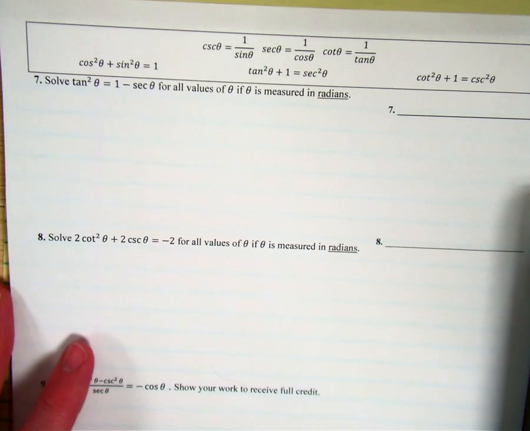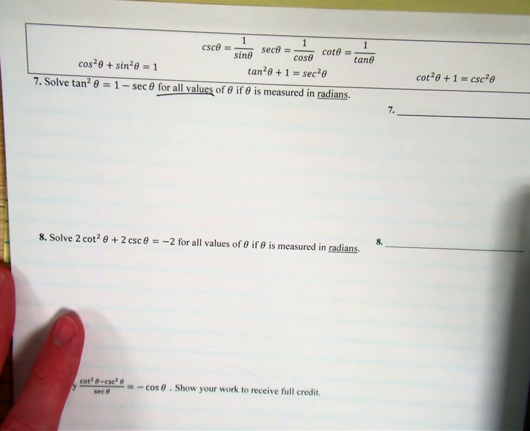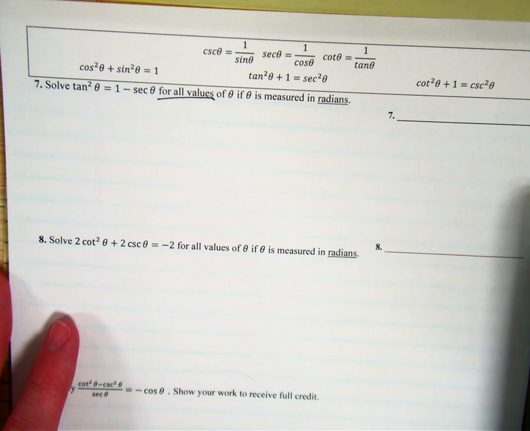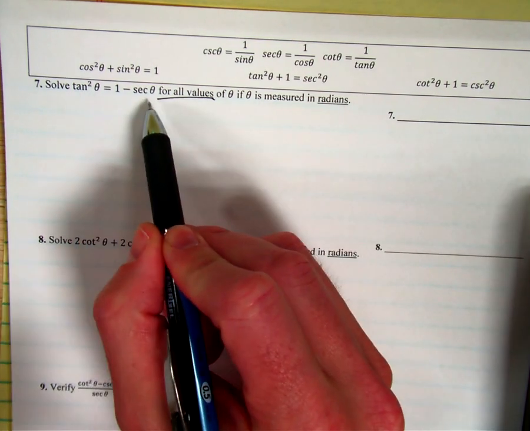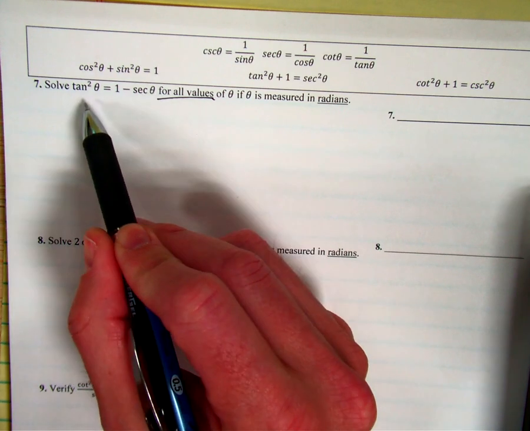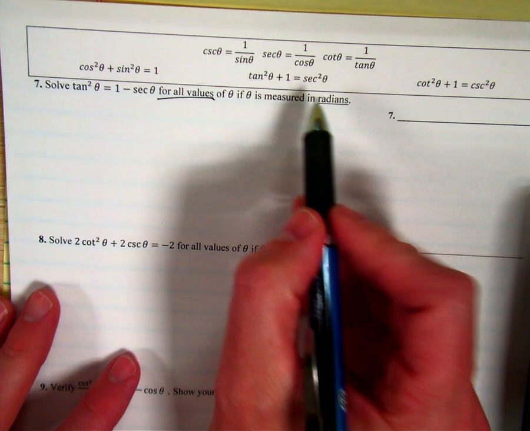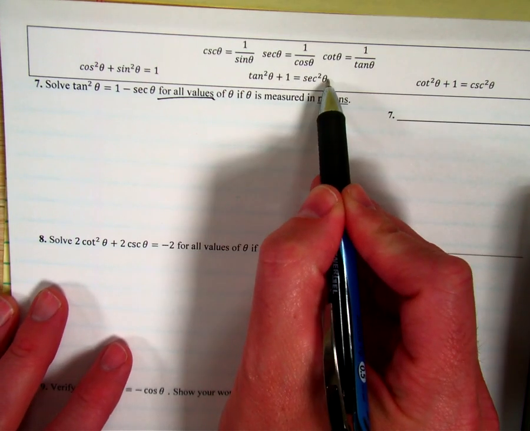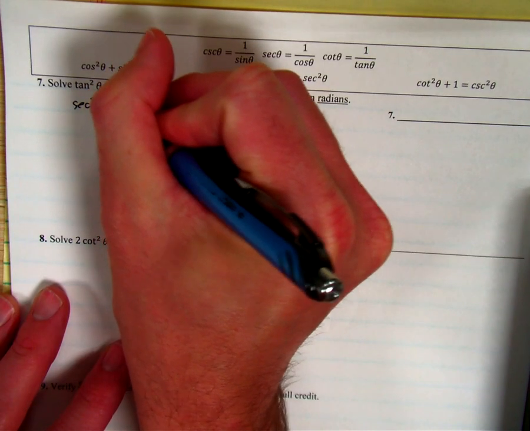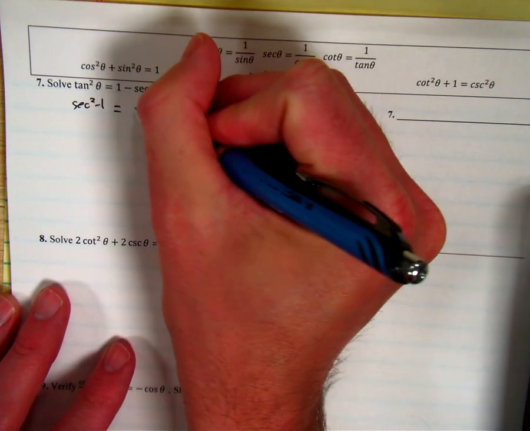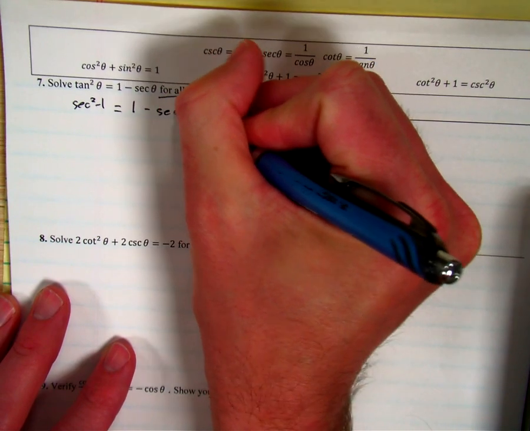Number 7, for all values. So we've got tangent squared equals 1 minus secant. Okay? I don't have a formula to change secant to tangents, but I do have a formula to change tangent squared to secant. Tangent squared should be secant squared minus 1 equals 1 minus secant.